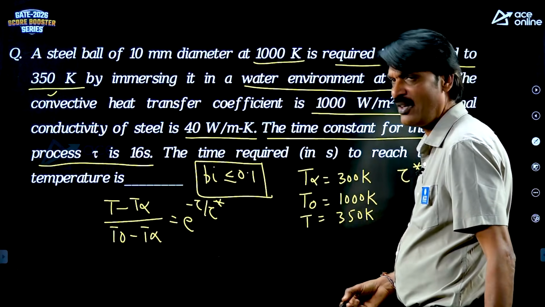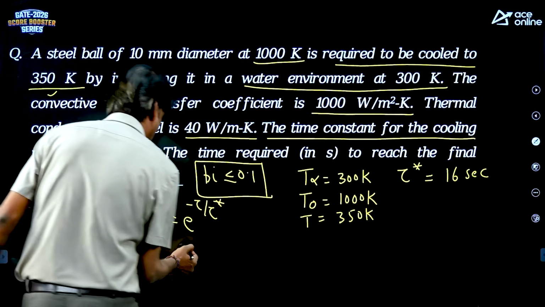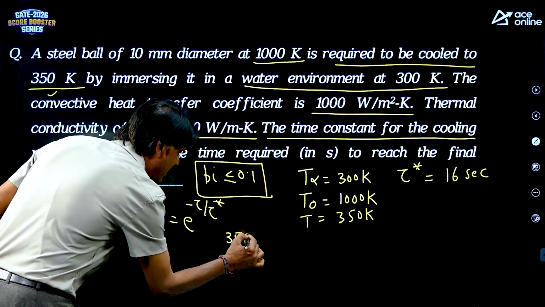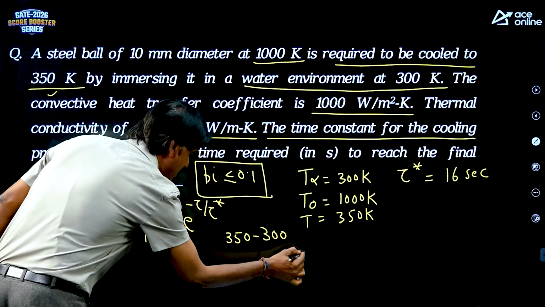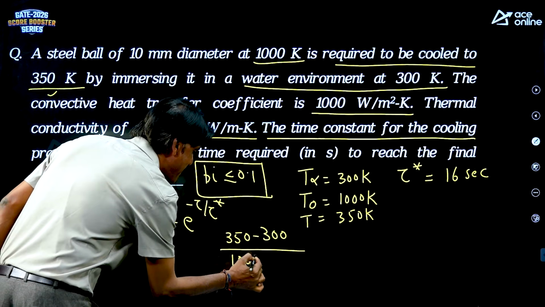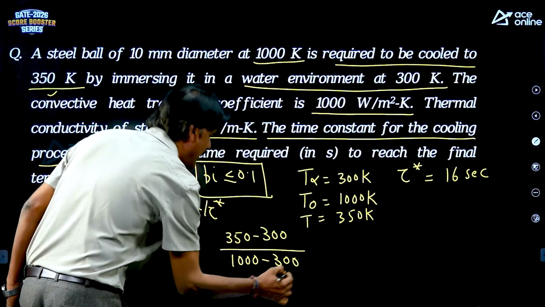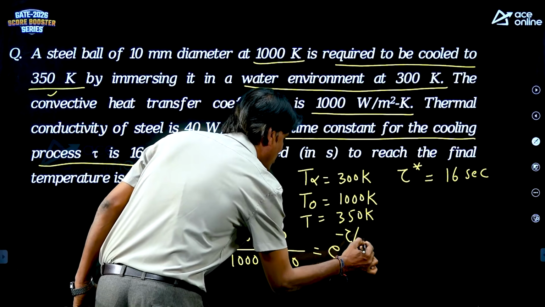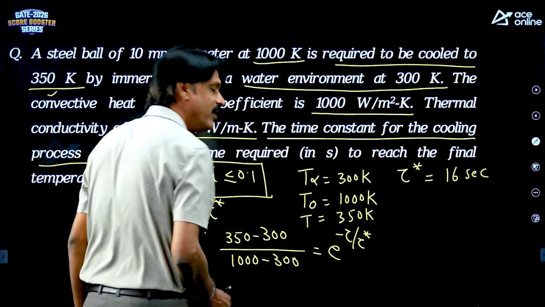He is asking you tau. So, if you substitute, you are getting 350 minus 300 divided by 1000 minus 300 equal to e to the power of minus tau by tau star.